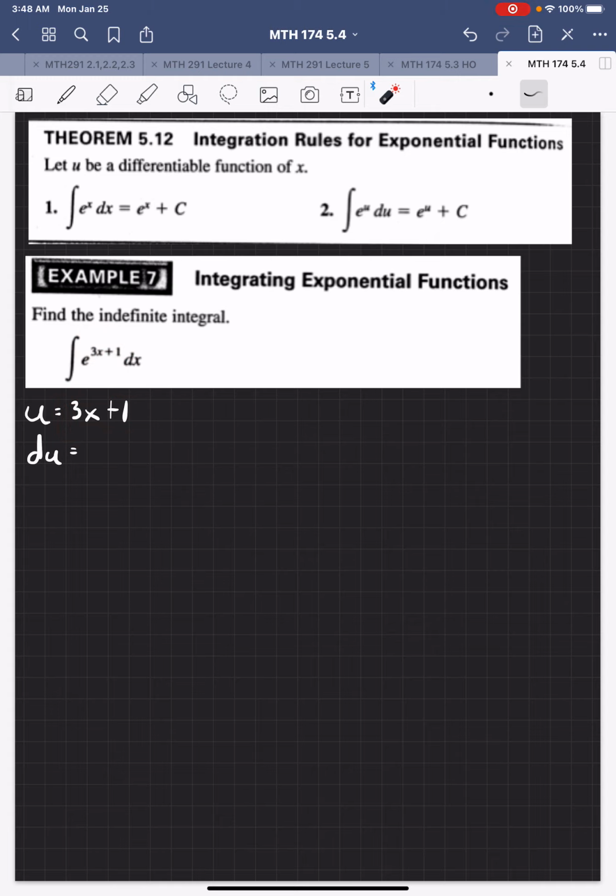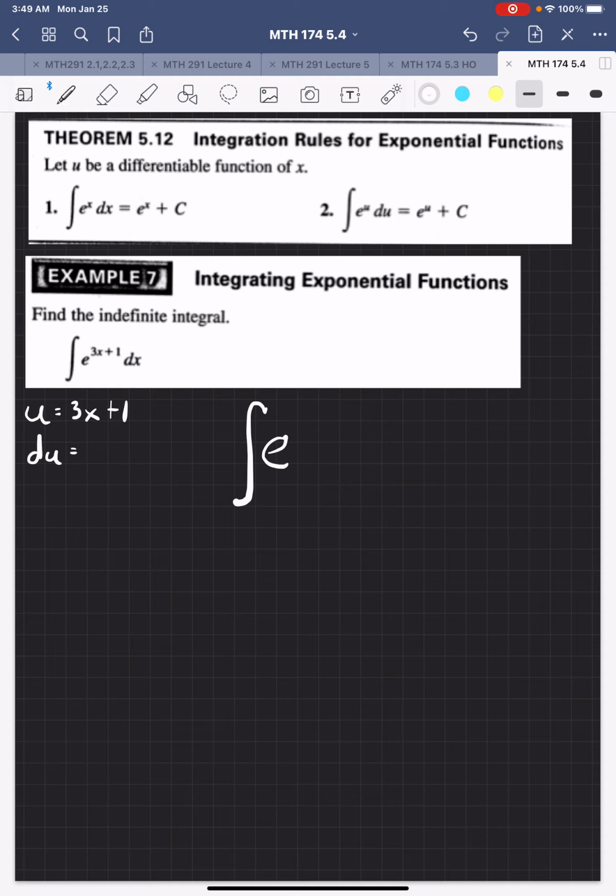Because we have to manipulate to fit this formula. So u is equal to 3x plus 1. Since it's probably been a while since you have done integration, let's do this in a few steps.